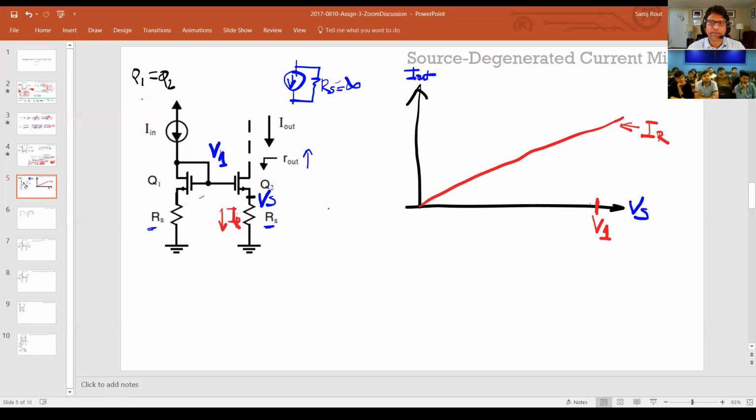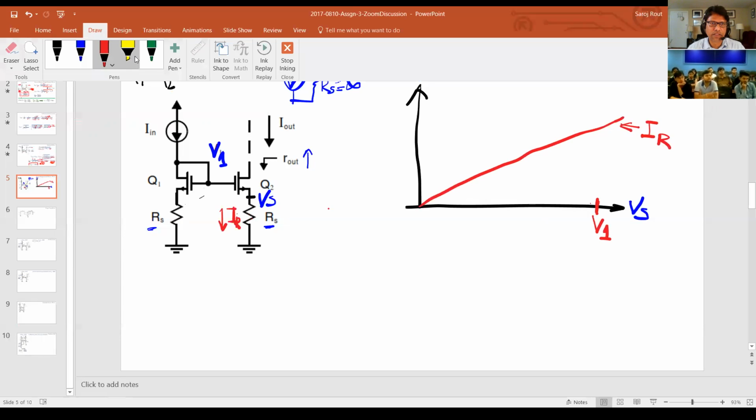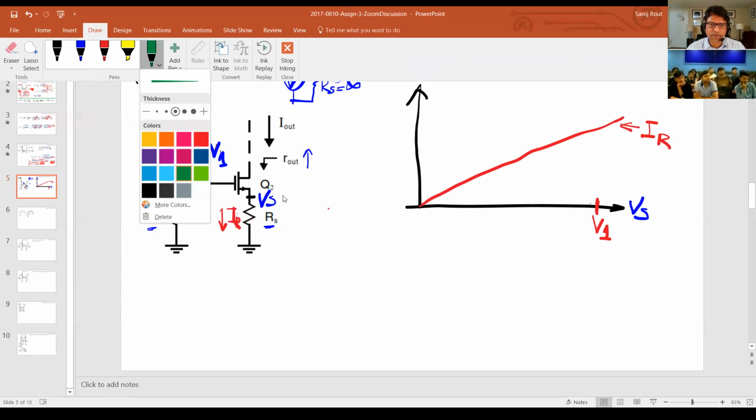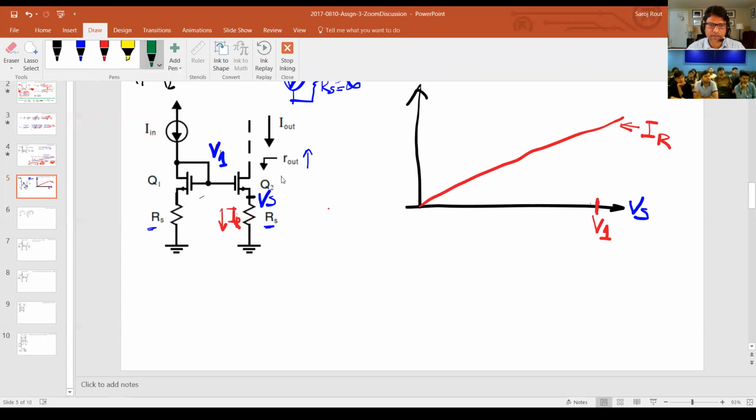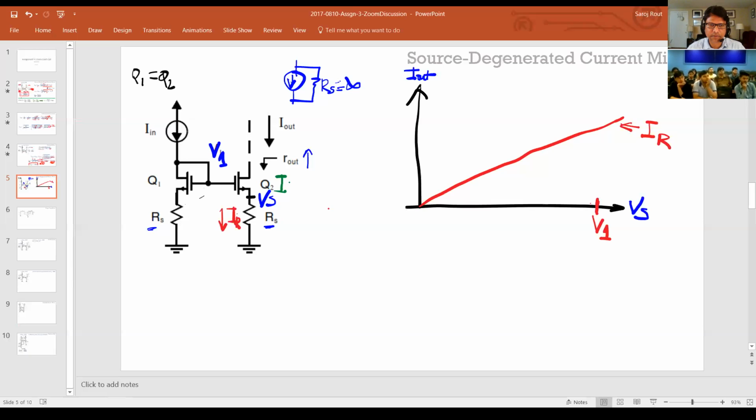Okay, now what about the current going through the transistor? So let me just plot this in green. So let's call this IDS2, the current flowing through the transistor. Now as Vs, let's say Vs is at ground, that's the maximum voltage, and the current is going to be some maximum current around here.